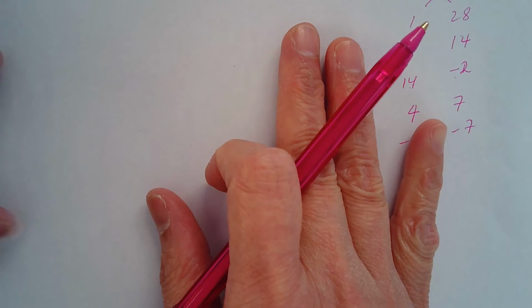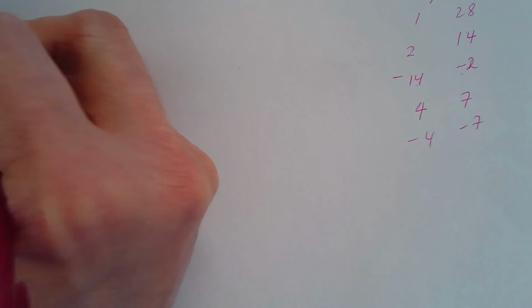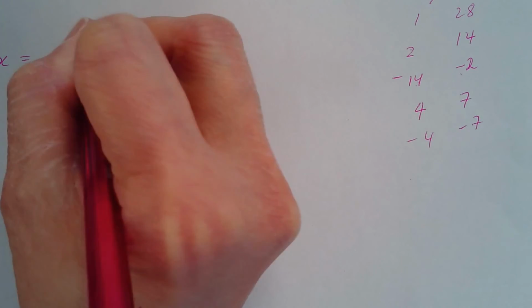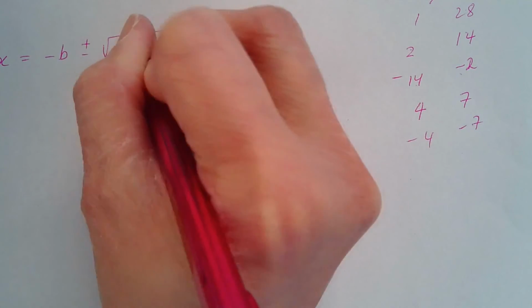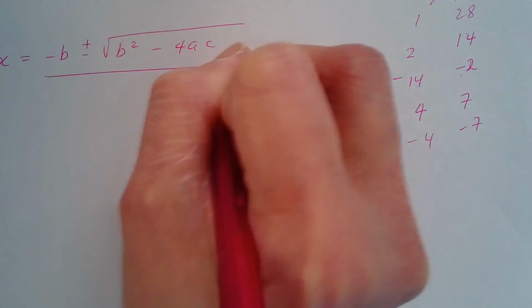Okay, so not factorable, we have to use the quadratic formula. So x equals negative b plus or minus the square root of b squared minus 4ac.